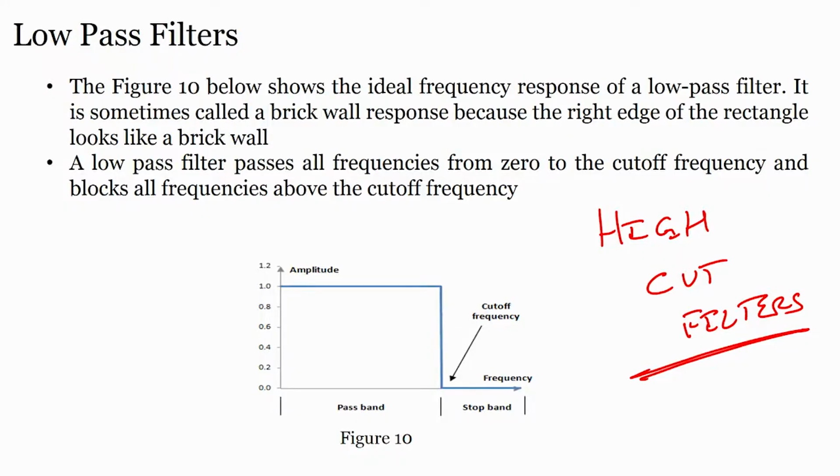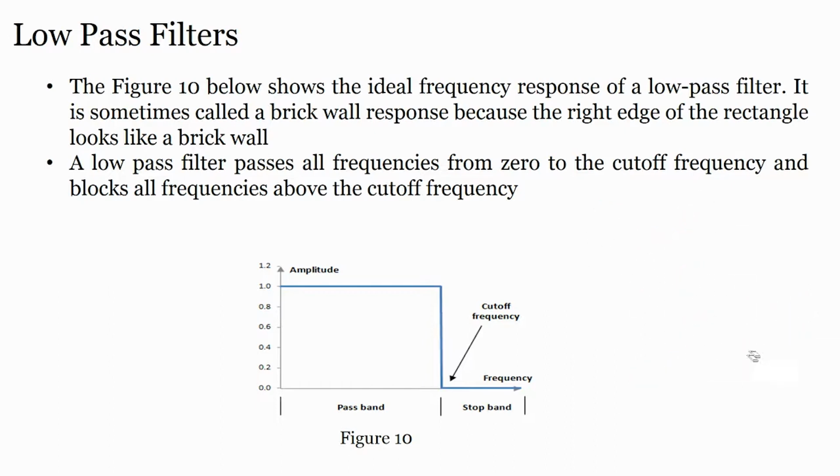Again, for high pass filters there are first order, second order filters, we will not go into that much complication for now, we will just see high pass filters and low pass filters. Today we are learning low pass filter, which is also called a high cut filter, alright. If you see the graph here on the slide, we see figure number 10, which shows the ideal frequency response of a low pass filter.